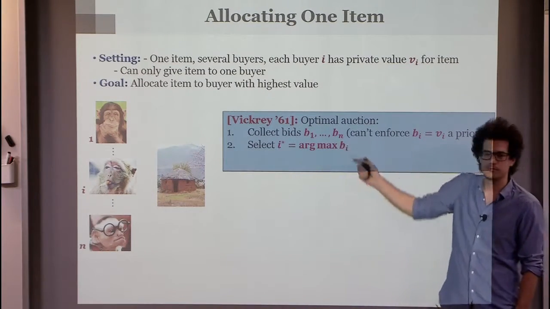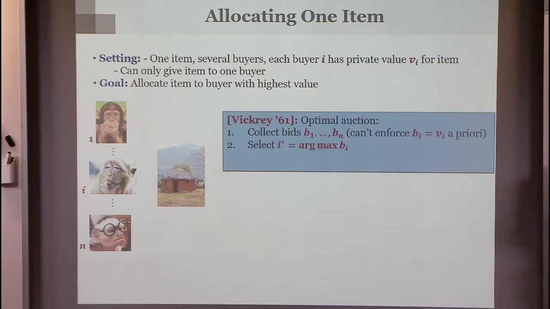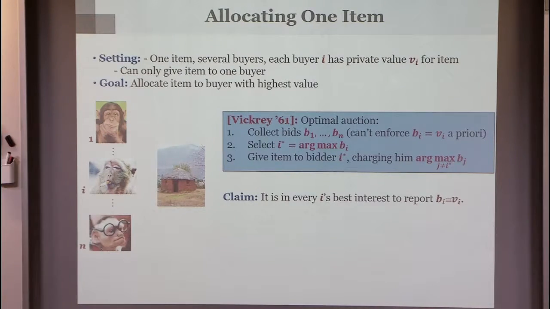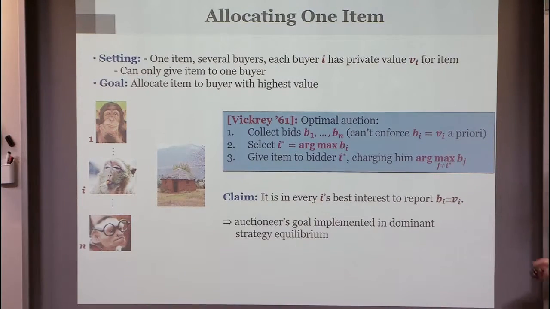You select the largest one and give the item to that buyer, and you charge him the second highest bid. Now, the claim, it's an easy claim to prove. It's in the best interest of everybody to report the truth. Thereby, the auctioneer's goal is implemented through this auction.